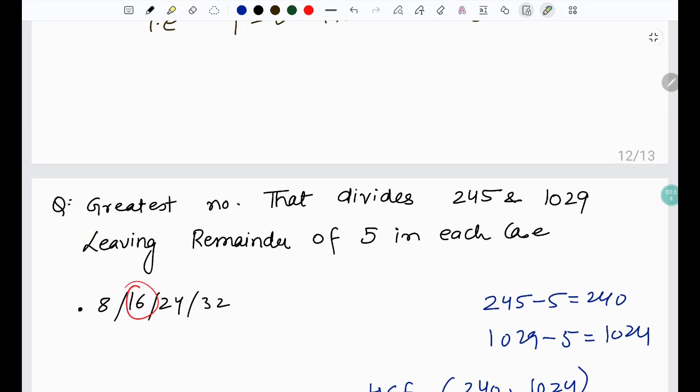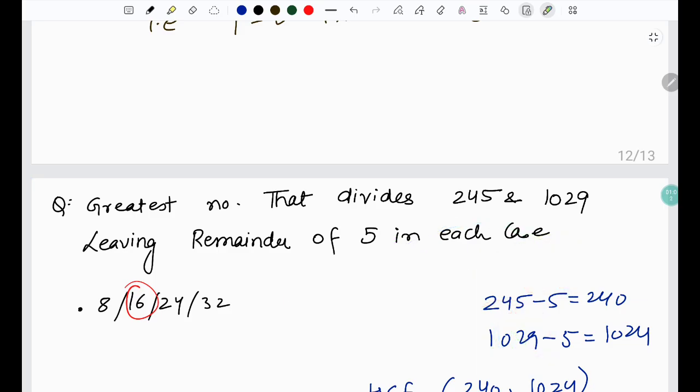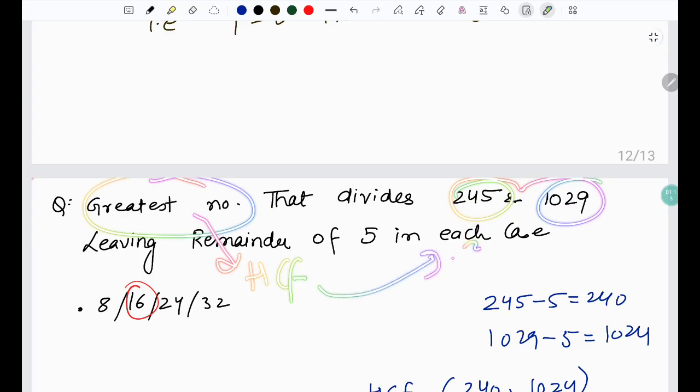So what we will be doing is, since we are dividing the number 245 by this same number and 1029 also, and in both times we get a remainder of 5, which means if I subtract the remainder 5 from 245 and 1029, we'll get numbers which are divisible by the highest common factor of these numbers, because that's what it is asking, the greatest number, which will eventually be the HCF, which divides 240 and 1024 very easily.